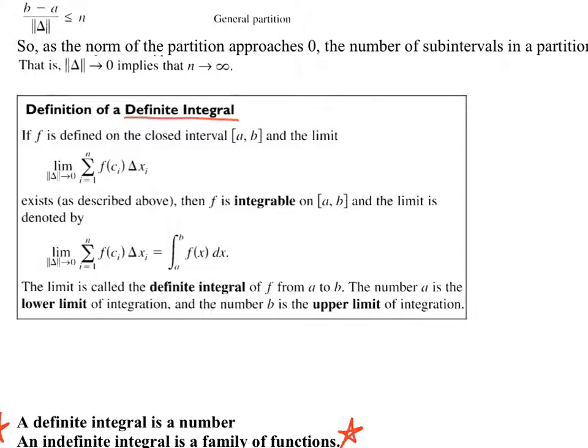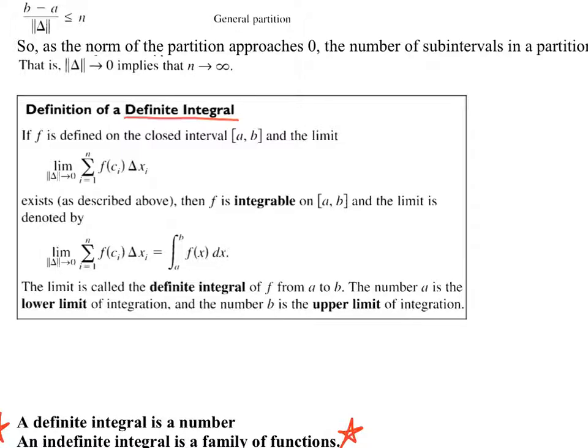Integrable on the interval from a to b, and the limit is denoted by the limit as the norm approaches 0 of the sum from i equals 1 to n of f of c sub i times delta x sub i equals this notation. This is notation we're going to end up using quite a bit from here on out.